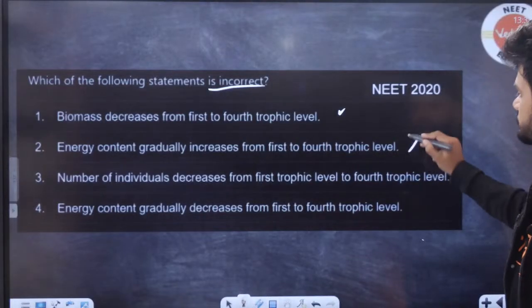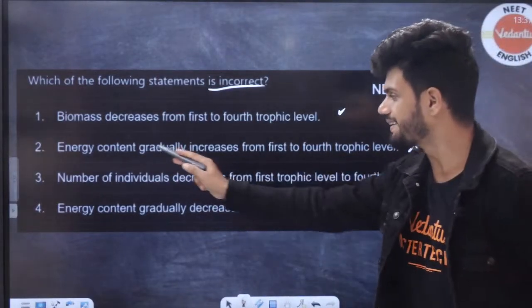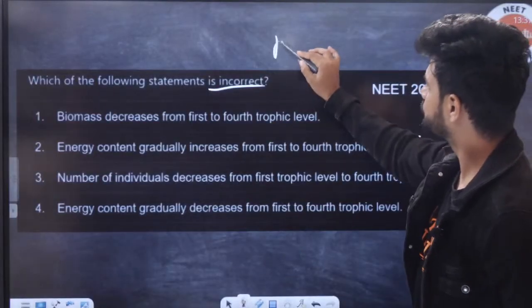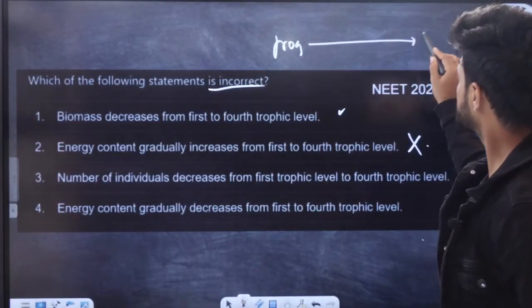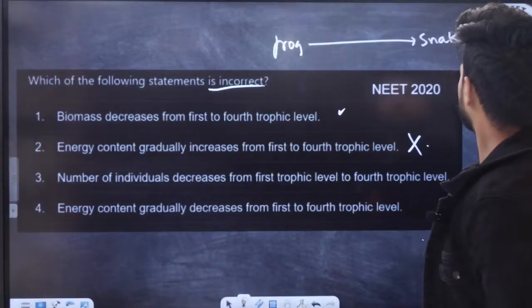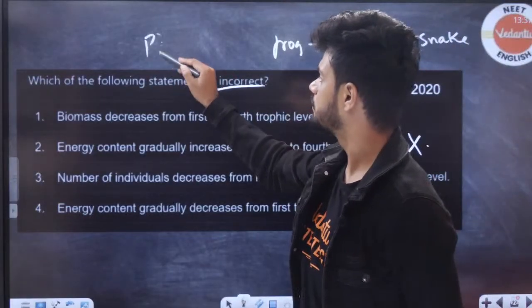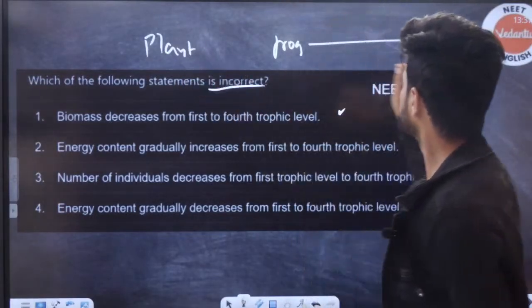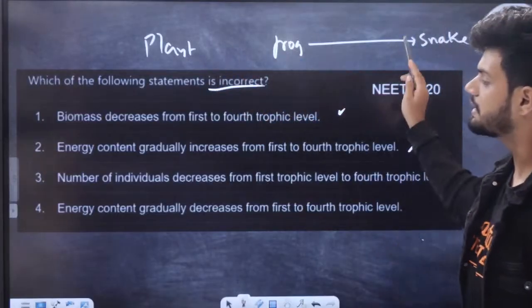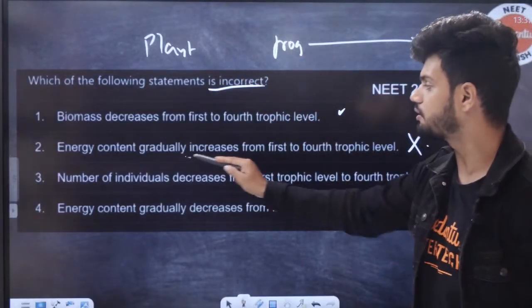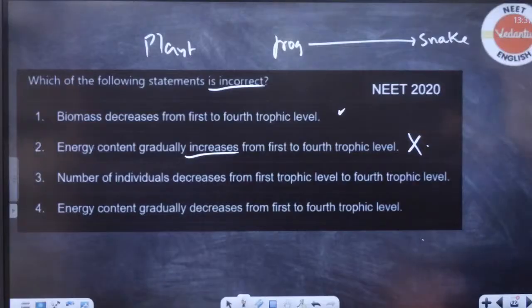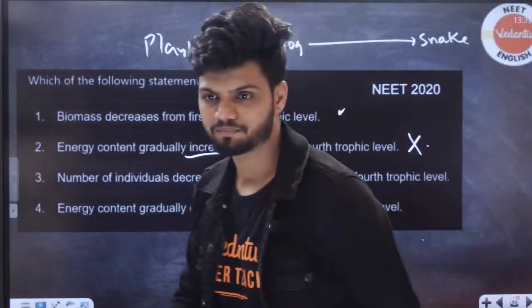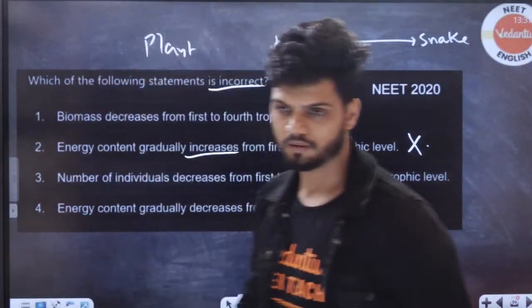Friends, energy content can never increase from frog to snake or from plant to snake. Energy will always decrease. 10% law. So energy cannot increase, it can only decrease.